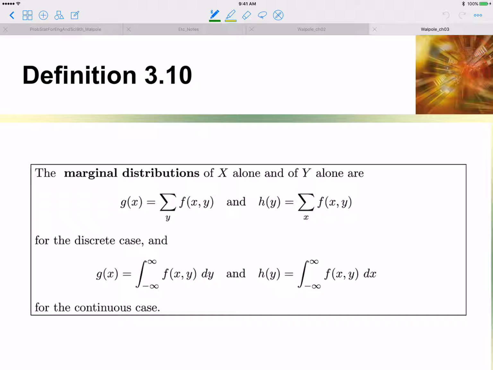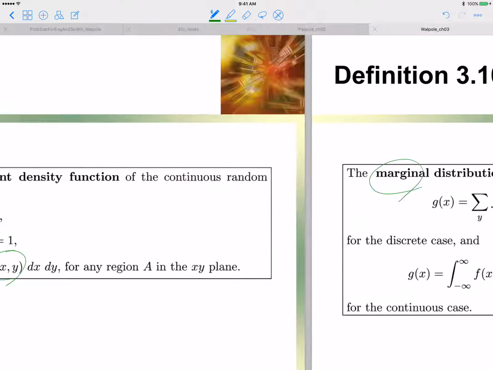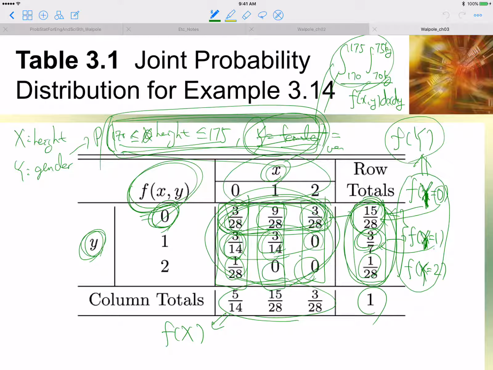Okay, and then this marginal distribution is what I briefly described in this table. So this part is the marginal distribution of y, and this part is the marginal distribution of x.